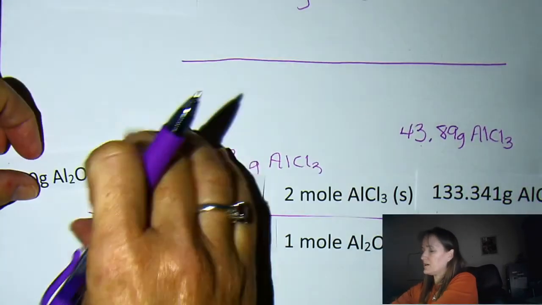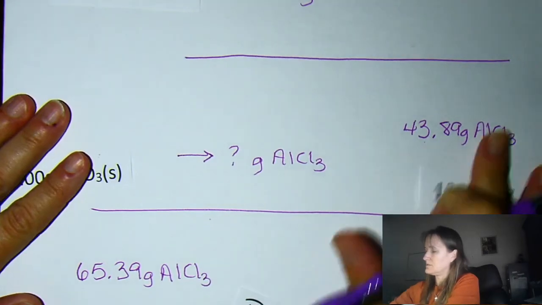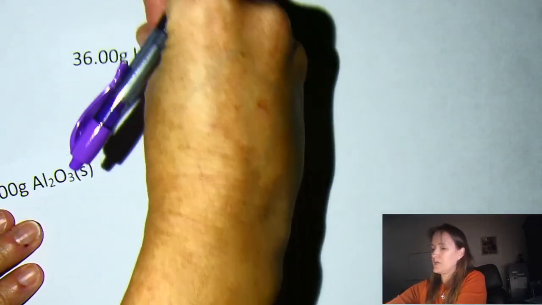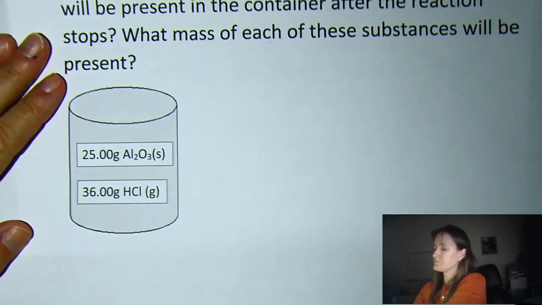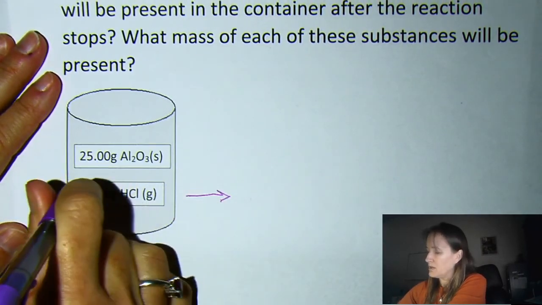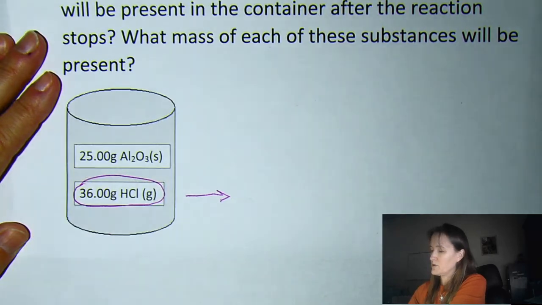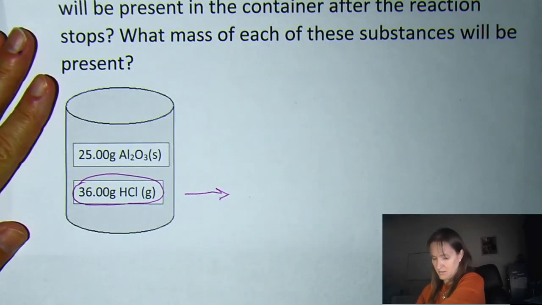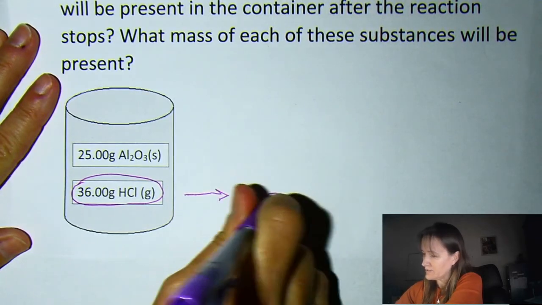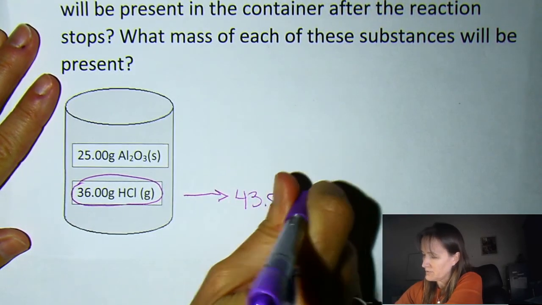So if we take our two answers to our calculation, if we use all 36 grams of the HCl, we can make 43.89 grams of aluminum chloride.